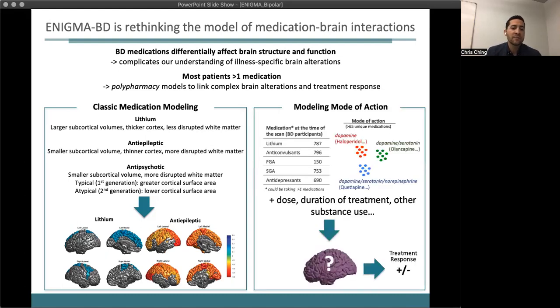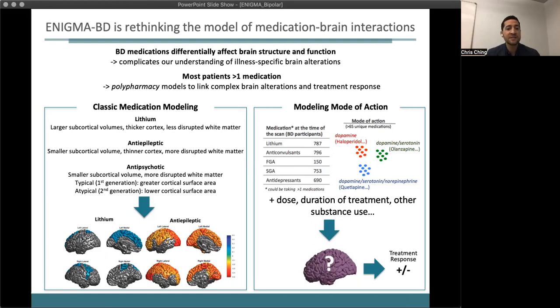And so what we've been doing now and moving into the future is really disaggregating some of these drug categories and pulling out the actual drugs that individuals are taking and looking at combining drugs based on their known pharmacological mode of action, right? So really trying to tie how a drug works on a cellular level to these brain alterations.